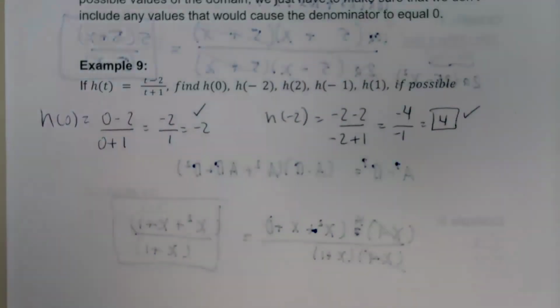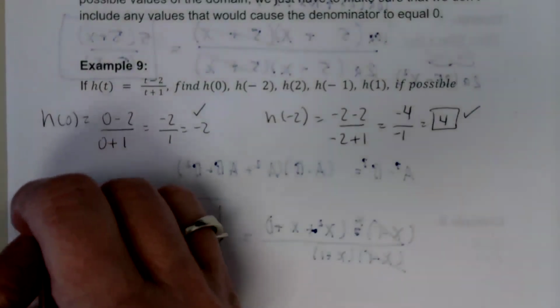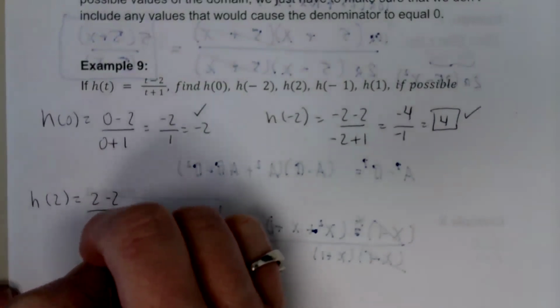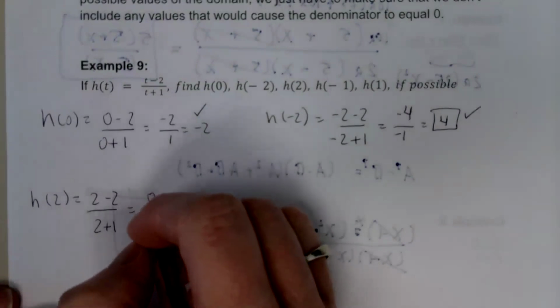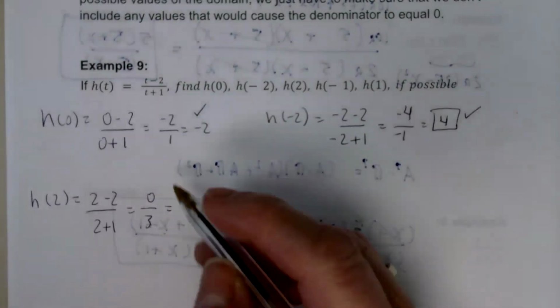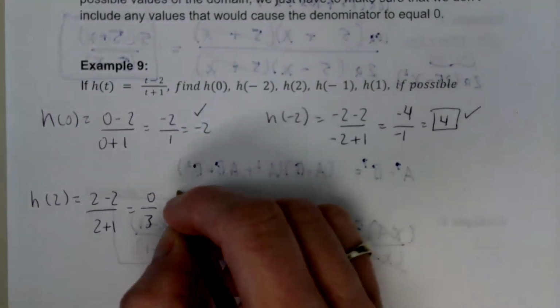And that's good too. And then what if we put in a positive 2? We'll have 2 minus 2 over 2 plus 1, so we'll end up with 0 over 3. And that's okay. We can have a 0 in the numerator, so that just simplifies to 0, and that one is good.